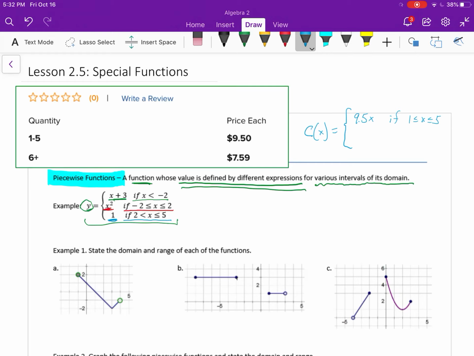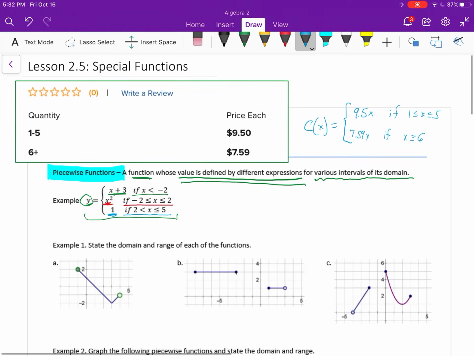And it's going to equal 7.59x if x is greater than or equal to 6. Now we could put in here that x is going to be a natural number because we can't buy negatives or decimals of this thing, but it's still a piecewise function. So these are actually used in different circumstances.